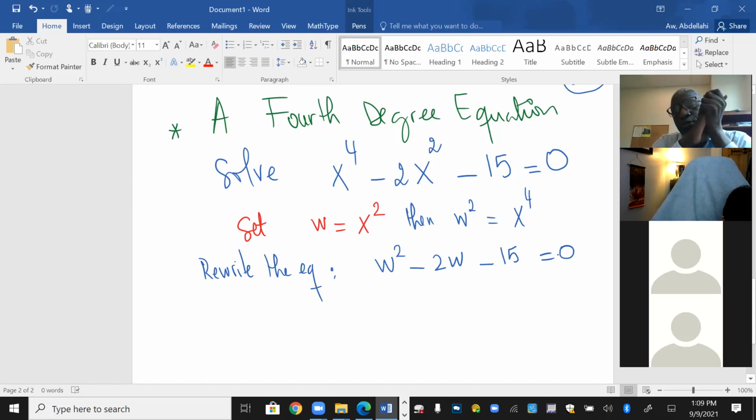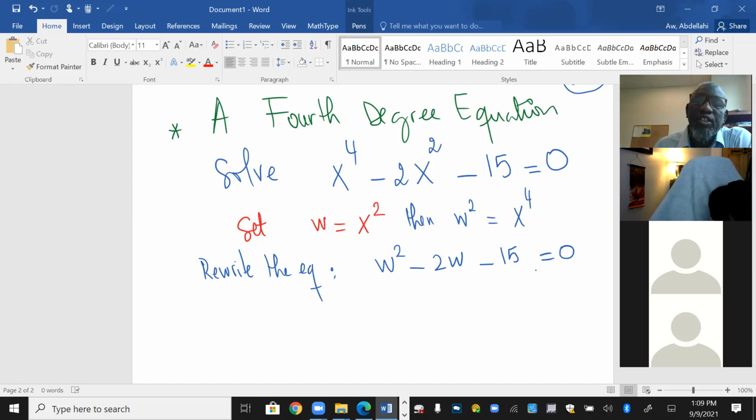You see? So my equation became quadratic. All of a sudden, my equation became quadratic. Now, do I know how to solve a quadratic equation? Of course I do, right?